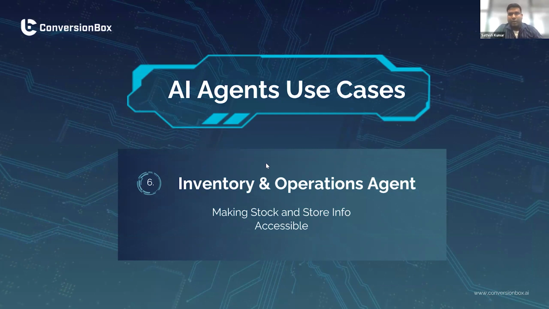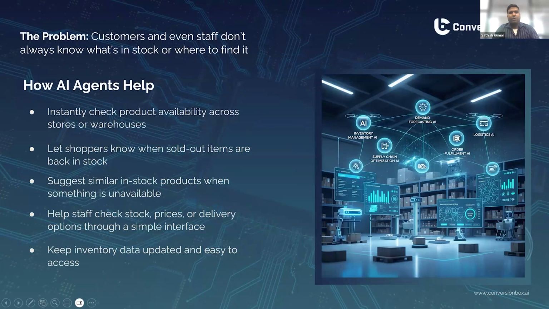The other important thing is definitely on the inventory and operations side. Basically, the inventory and how many products are available in the warehouses. If it is sold out, you need to update your website. You have to place an order with your suppliers, or whenever the product is back in stock, send an email to your customers. All these things take too much manual effort.